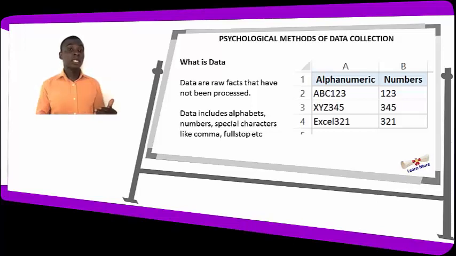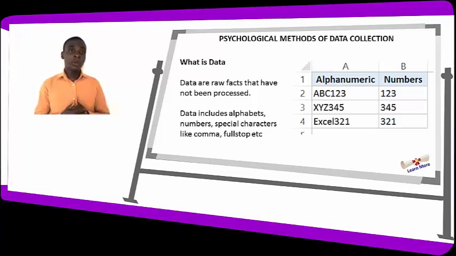But in psychology, data are information generated from the research carried out on a situation. I gave you the general definition of data, but now we are looking at data in psychology.